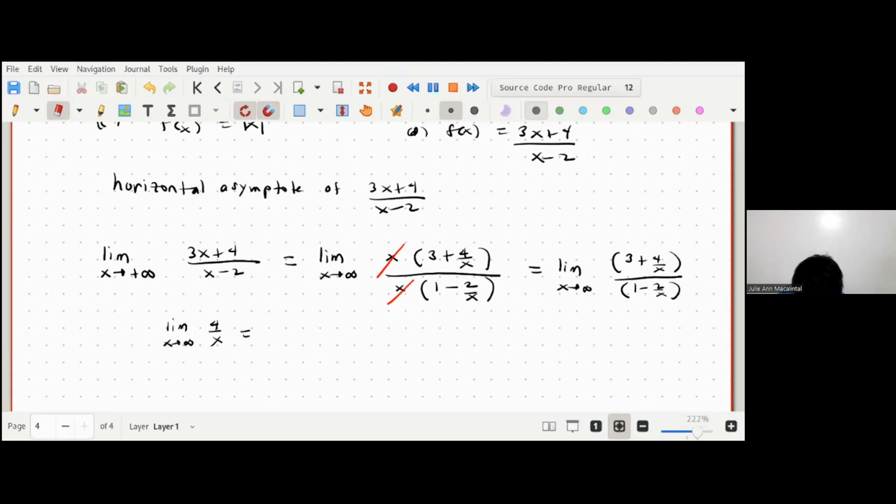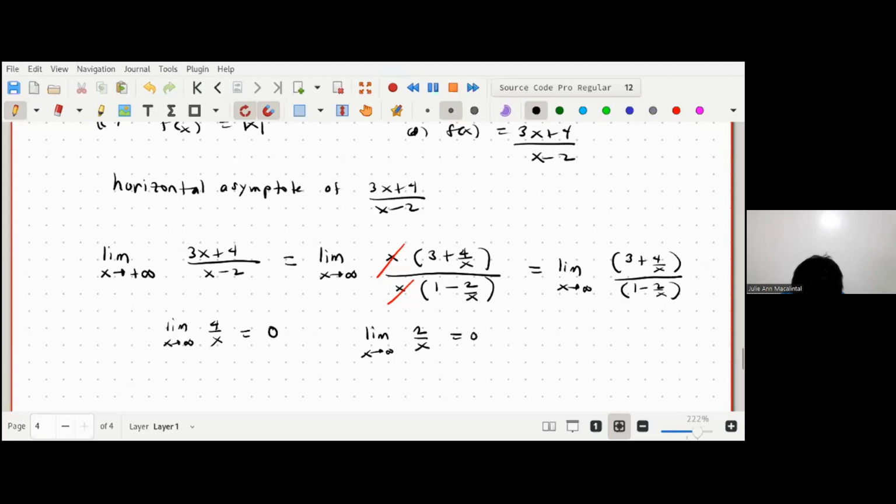Pag pinalaki mo ng pinalaki yung divisor, ano yung pinupuntahan na number niyan? Kasi over something, pag lumalaki na lumalaki, ano ba? 0. Tapos ganun din yung limit as x approaches infinity of 2 over x.